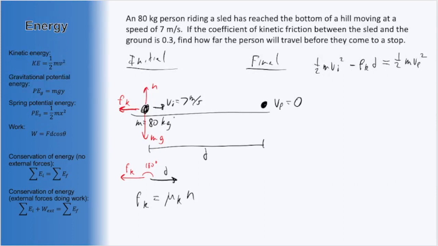However, if we go back and think about our net forces, since this object isn't moving up or down, the upwards and downward forces of gravity and normal force must be exactly canceling each other. So the normal force must equal mg. So our force of kinetic friction equals the coefficient of kinetic friction, which we know, times mass times gravity, which are all things we know. Plugging into our energy equation gives us mu sub k times mg, replacing our Fk.